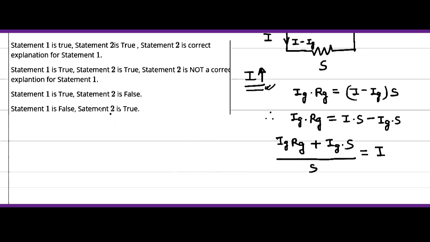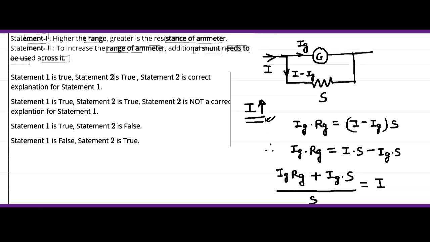Here S is the shunt resistance. If we increase the value of S, the current will decrease, the range will decrease. We are given that higher the range, greater is the resistance of the ammeter.